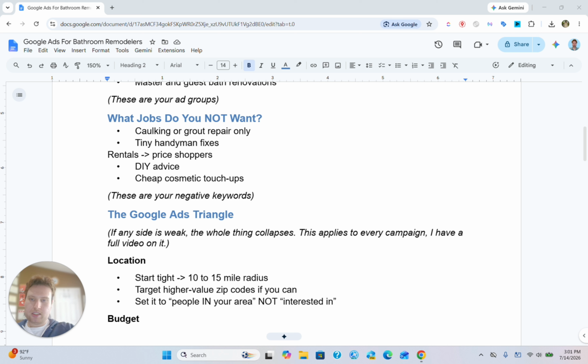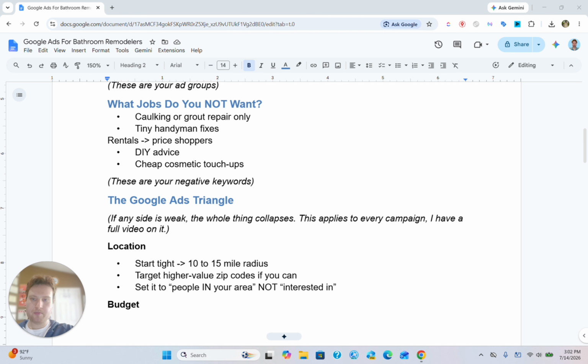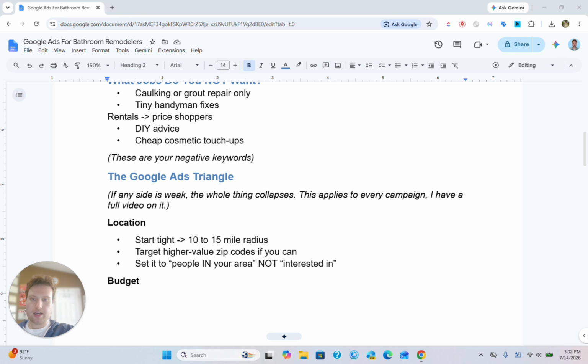So anyone searching things like handyman near me, I would remove those. Generally, those people are too broad, and they're most likely not going to convert into qualified users. When it comes to rentals, these are usually just people who are price shopping, looking for do-it-yourself advice. Do-it-yourself is another negative you'd want to add, or just looking for cheap cosmetic touch-ups, so just something very small. These would be negatives you'd want to add.